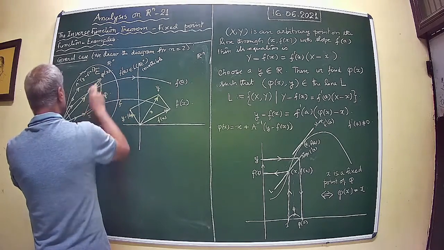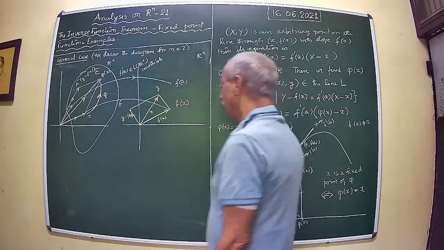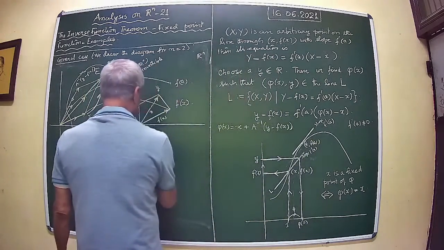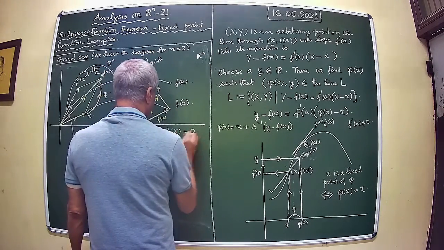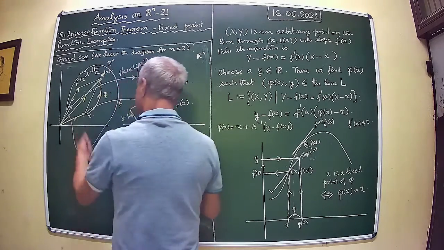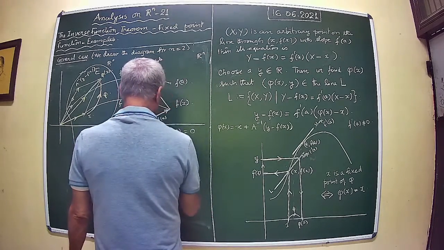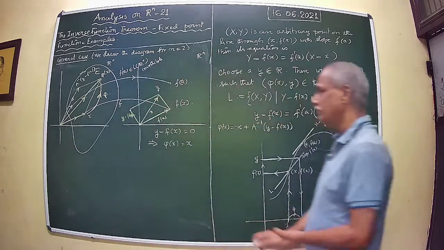So phi x will be x itself, or x is a fixed point of phi.